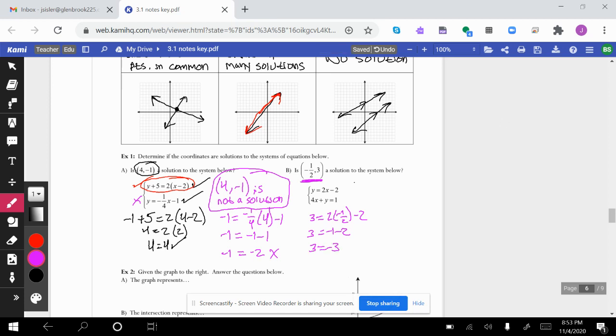So we don't even need to plug it into that second equation because we know right away that 3 does not equal -3. So this top equation doesn't work, and therefore (-1/2, 3) is not a solution to the system.